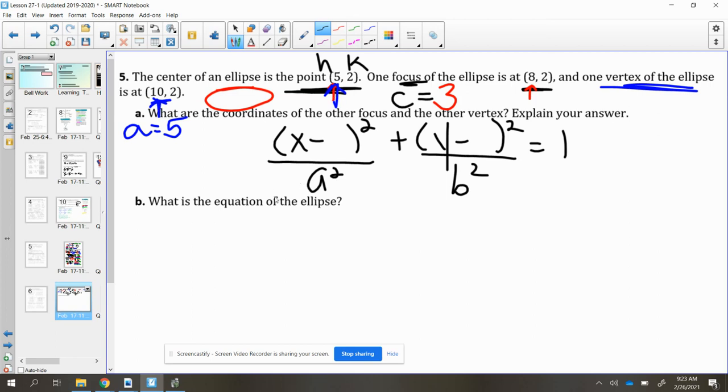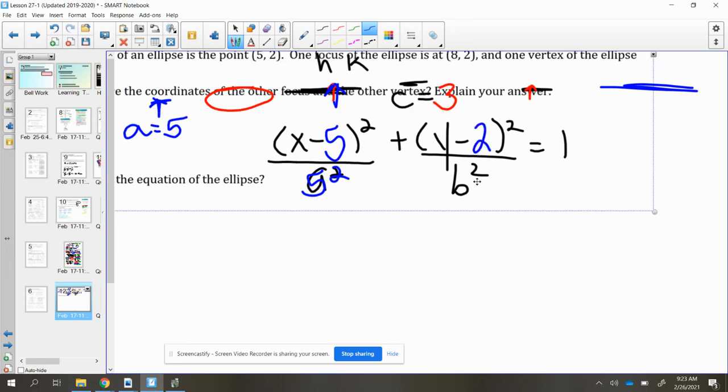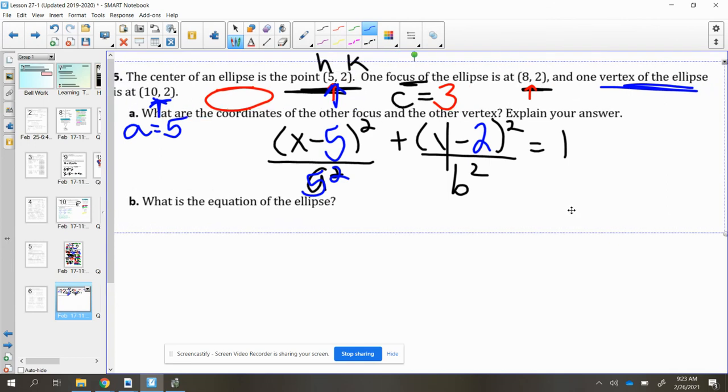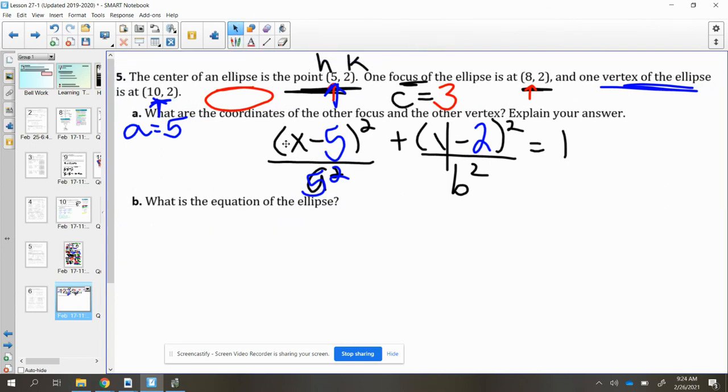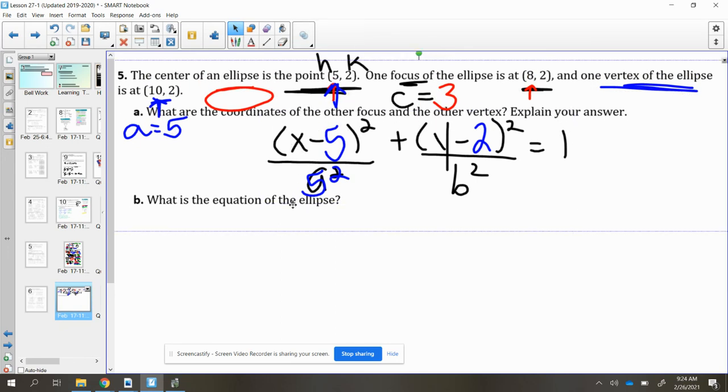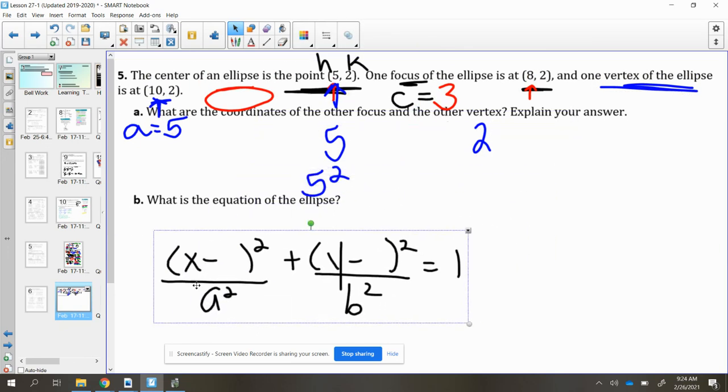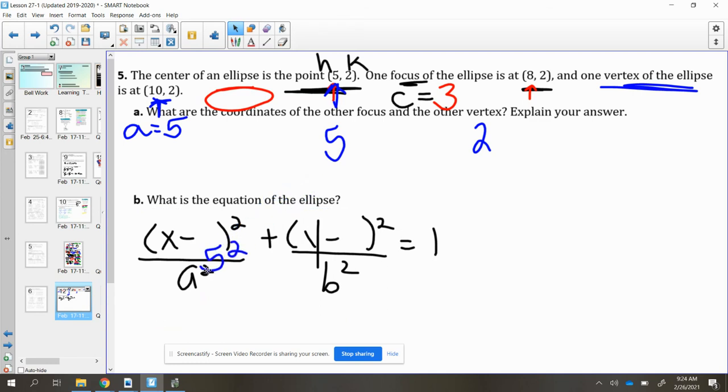So we can plug in our 5 squared here for x, and then we can also plug in 5 and 2. Actually, part B down here is where a lot of this is going to be coming from. So we have 5 squared here now, and again we plugged in 5 and 2.